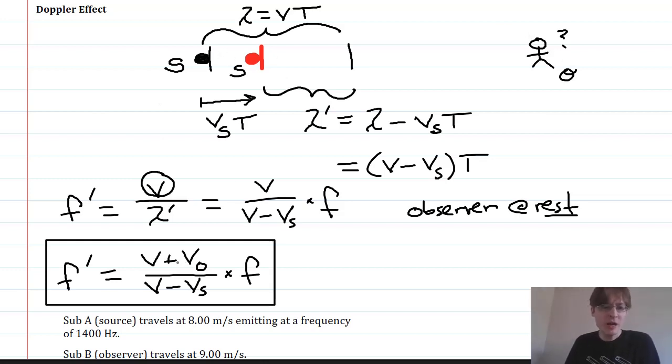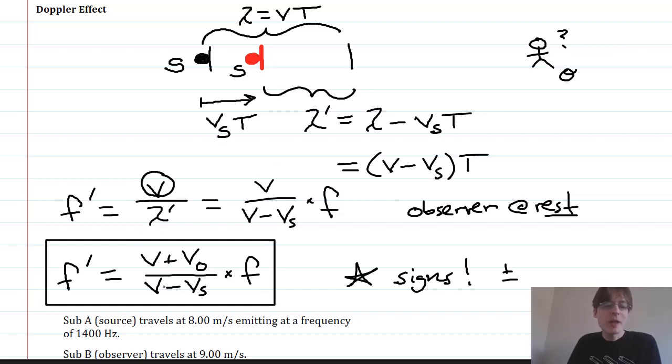Notice carefully the signs that are used. We have to be extremely careful when using this equation to possibly adjust the signs in the equation, the plus or minus signs. For example, v plus vO. Well, that's appropriate if I'm running towards the sound waves. However, if I'm running away from them, then I'd have to replace the plus with a minus sign.